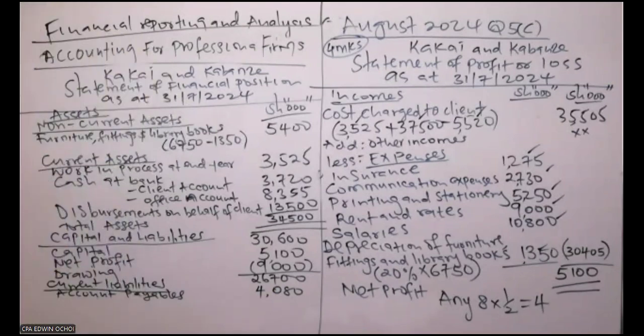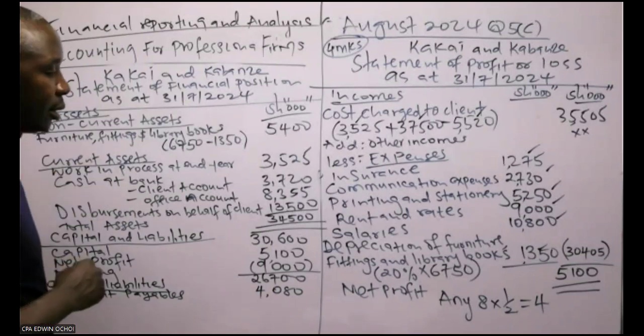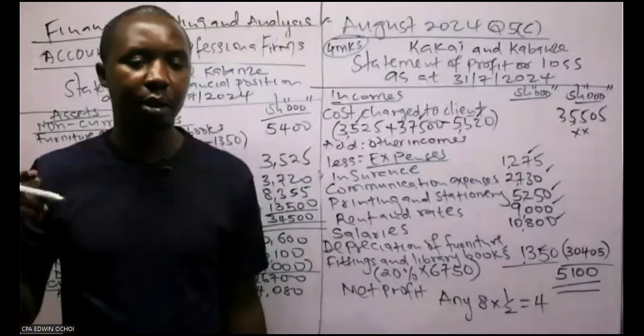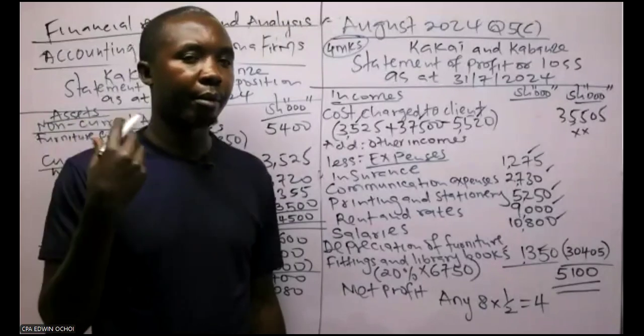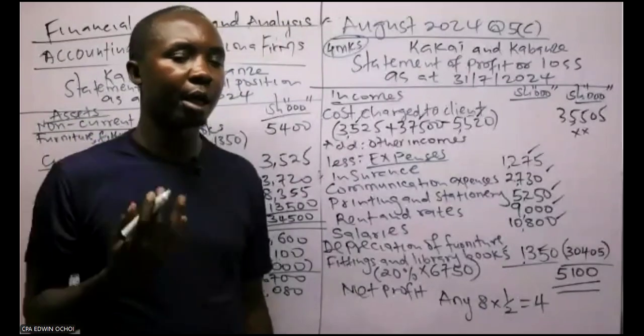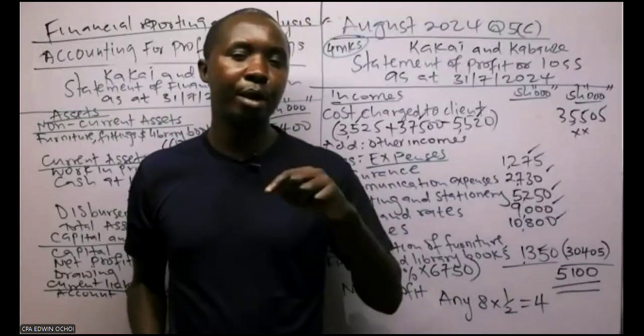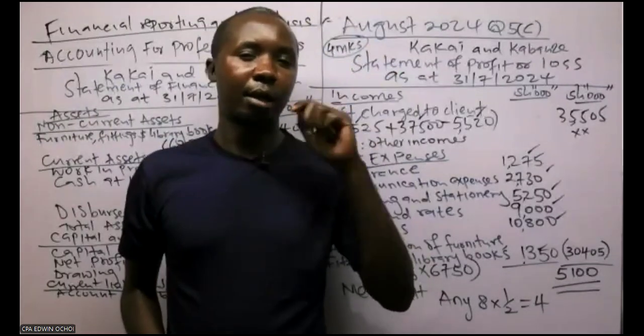40,80. And there's one thing here you need to know. Even if they had not mentioned it, there is this money which is held by the firm on behalf of the client.